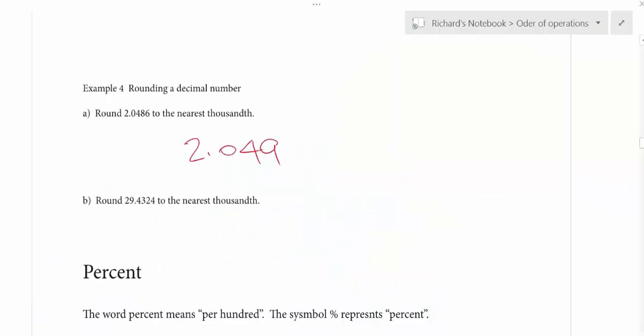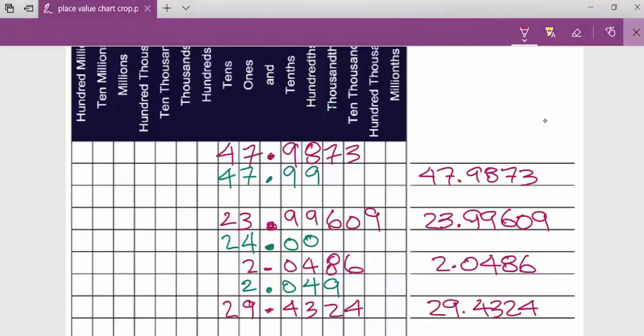I'm going to round the number 29.4324 to the nearest thousandth. Well, if I'm rounding this to the nearest thousandth, I need to identify the number in the thousandth position, which is the 2. And there's a 4 in the 10,000ths position.